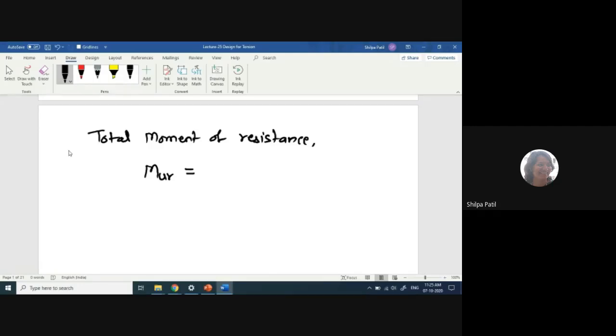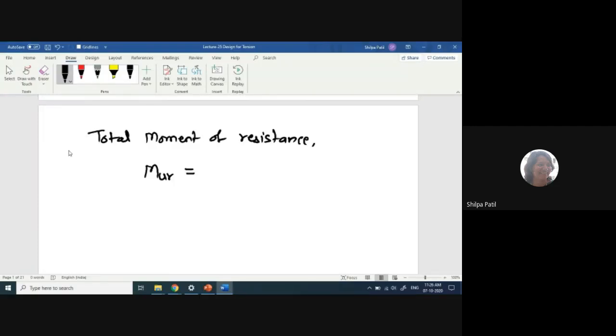So whatever is the Mur, that is the moment carrying capacity of the section, it should be equal to or greater than the external moment acting on a beam. Now the external moment acting on a beam is in two forms. One is the ultimate bending moment and second is the torsional moment, which we wanted to calculate.